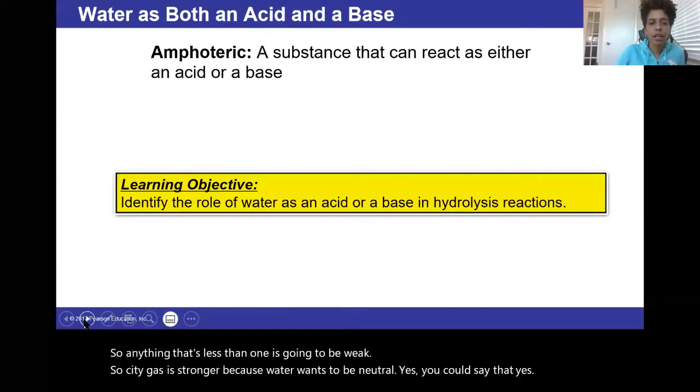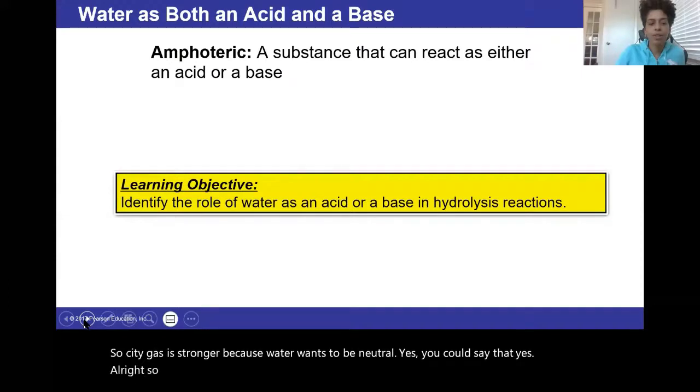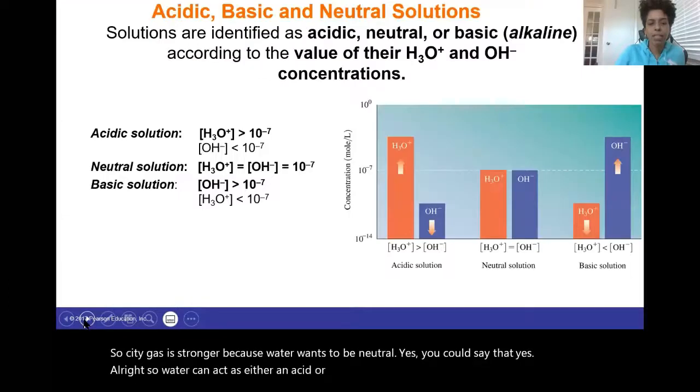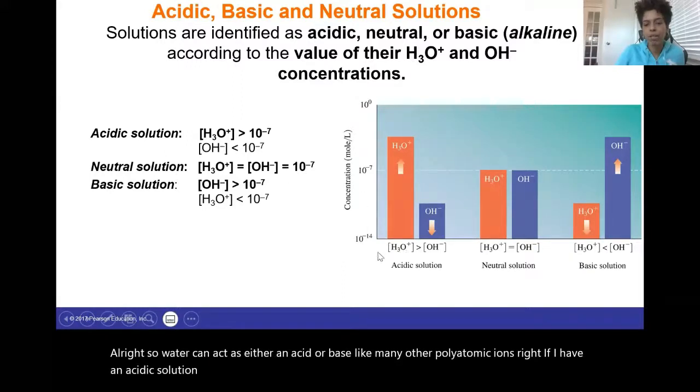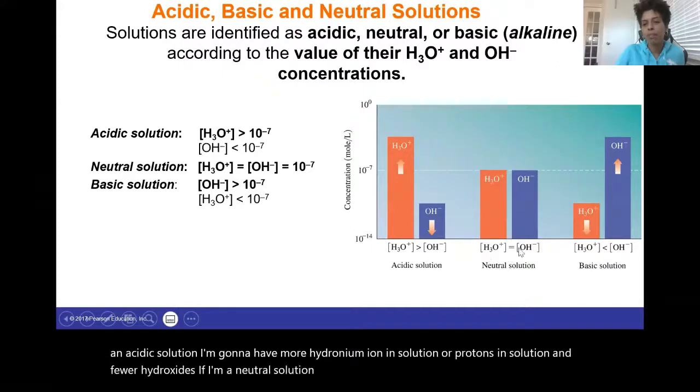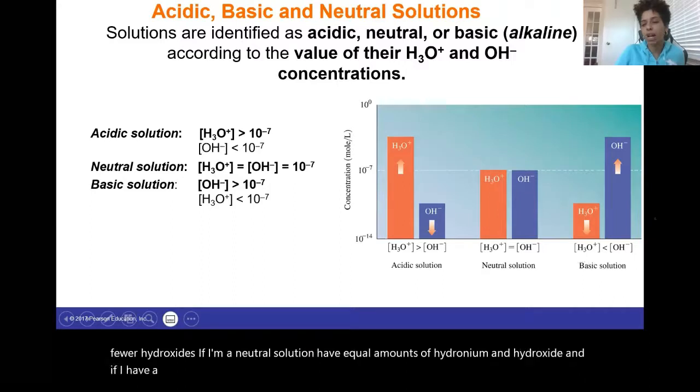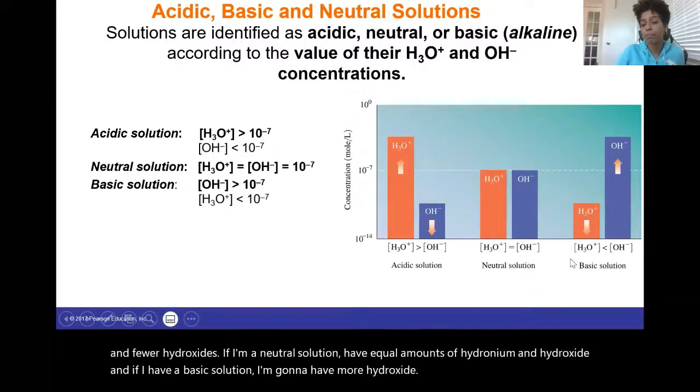All right, so water can act as either an acid or a base, like many other polyatomic ions, right? If I have an acidic solution, I'm going to have more hydronium ion or protons in solution and fewer hydroxides. If I have a neutral solution, I have equal amounts of hydronium and hydroxide. And if I have a basic solution, I'm going to have more hydroxide than hydronium, right?